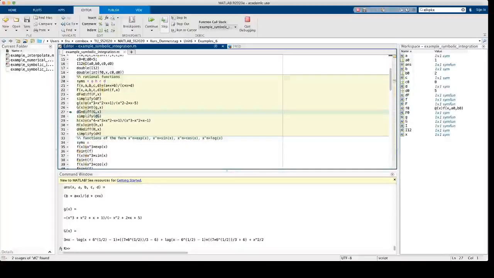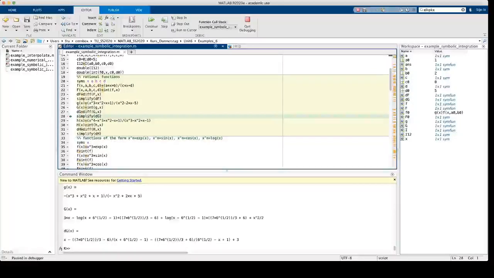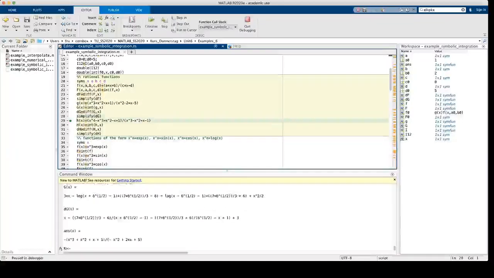Let's differentiate it again. So dg is now the first derivative of capital G. In order to compare it to small g, we have to simplify it, and you see that it's, of course, identical to small g. Another example, again, a quotient of two polynomials, small h.